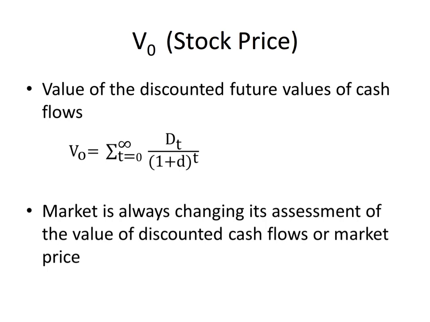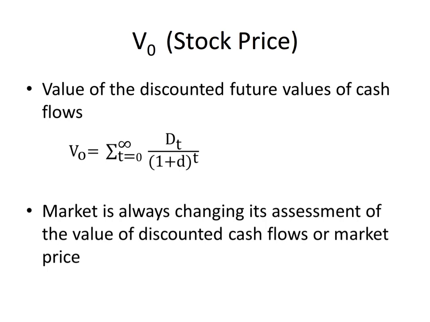Again, this slide deals specifically with V sub 0, or the stock price. And it's important to realize what a stock price, at least from a financial perspective, really is. It's the value of the discounted future cash flows from that firm.